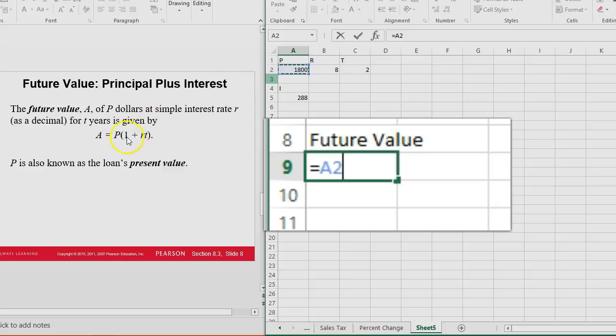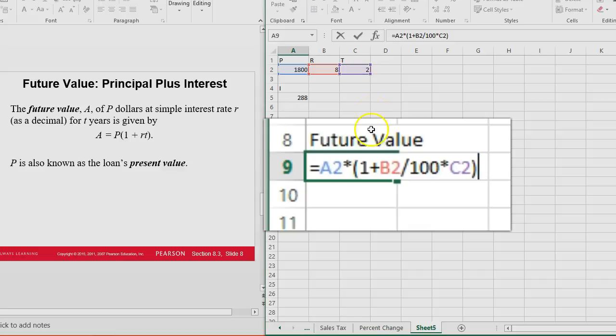Now I've got a parentheses, remember that means times, so I'm going to put a times. Now open parentheses, 1 plus R times T. Now R again is a decimal in these formulas, so click the percent, divide it by 100 to get a decimal, and then times T. So times, and then T, click the number.